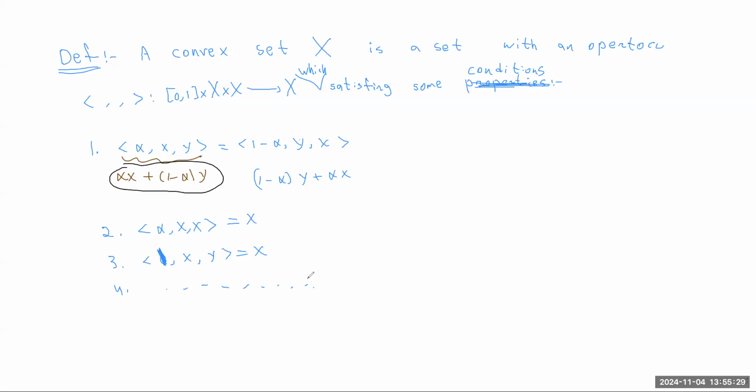But I want you to understand that this is a kind of abstraction: we go from what we know of convex sets inside R2, R3, R^n, or any vector space, to defining them by properties without being inside some vector space. Okay, we made it more abstract.